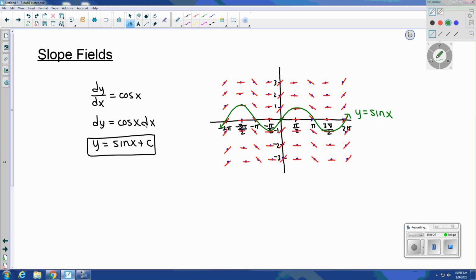Now, we can trace many other curves. We'll use a different color. So what I'm tracing out is another particular solution. But all of these together represent a family of functions whose derivative is cosine x.